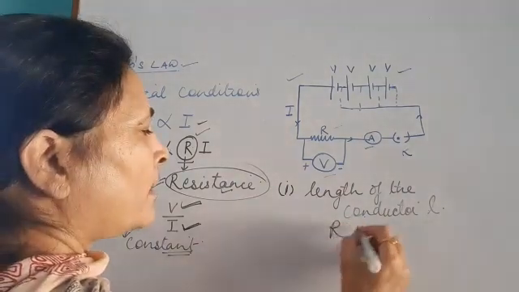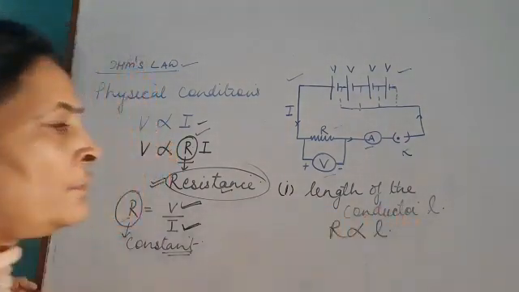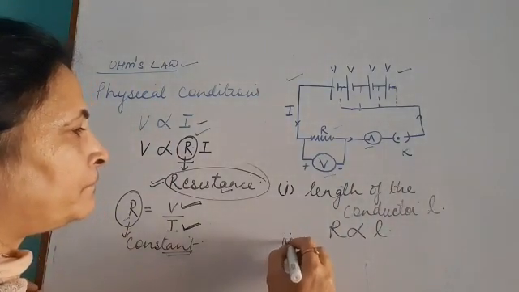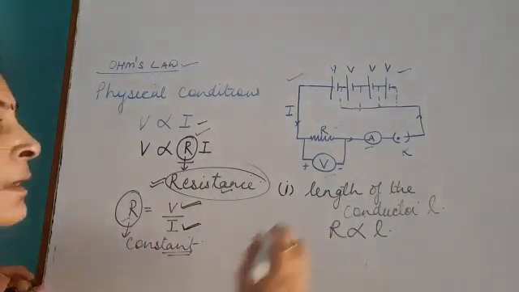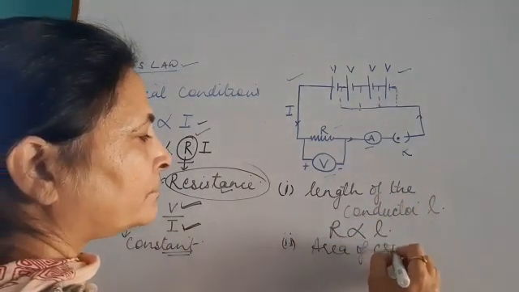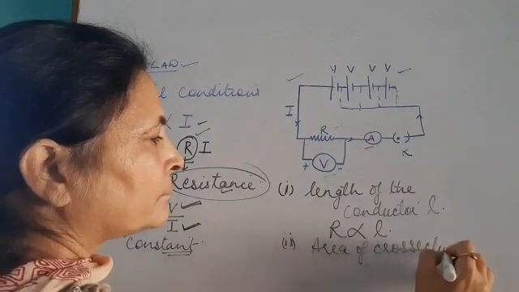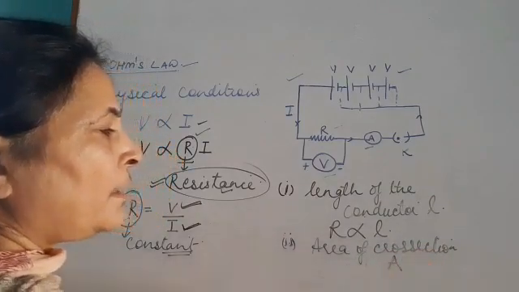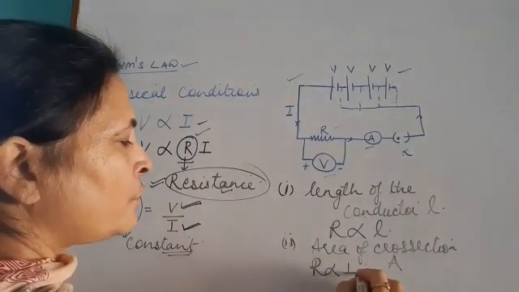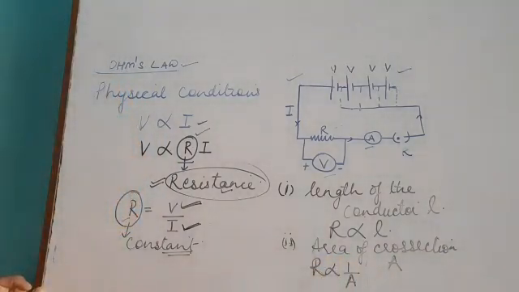So R is directly proportional to L. Number two, area of cross section of the wire. That is A. It is seen that R is inversely proportional to A.